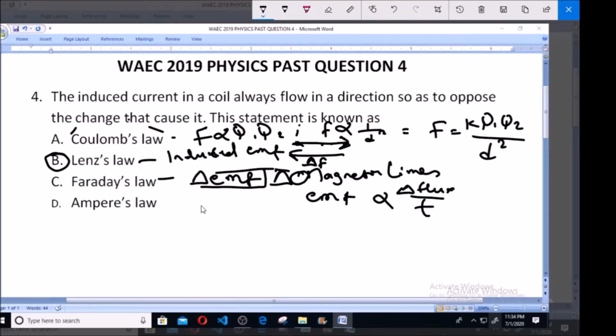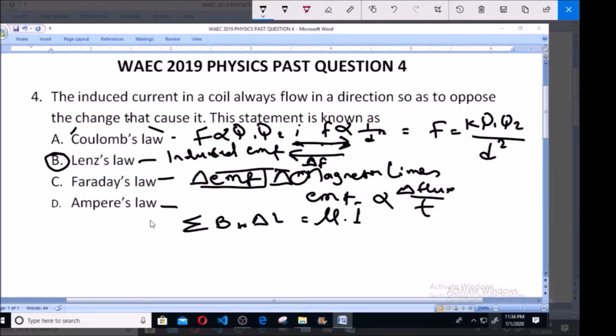And finally, we'll talk about Ampere's law, which states that for any closed loop path, the sum of the length elements times the magnetic field in the direction of the length of the element is equal to the permeability times the electric current enclosing the loop. So this is the formula that summarizes the statement of Ampere's law.